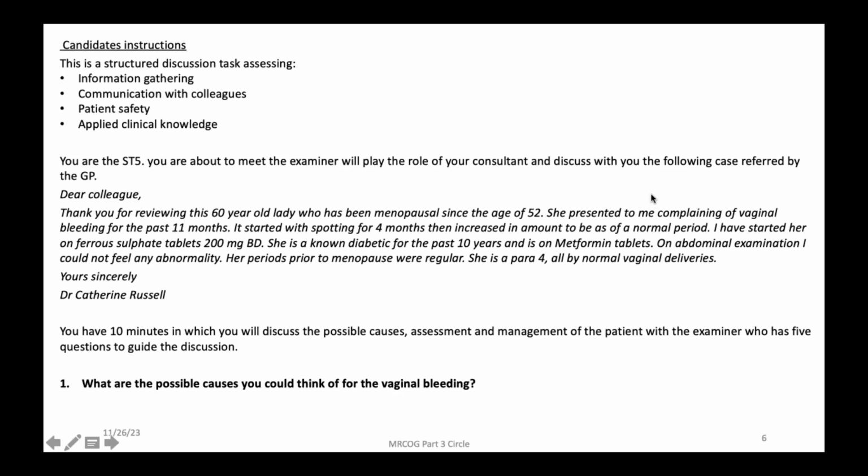Come on, all of you know postmenopausal bleeding. What are the reasons for postmenopausal bleeding? Anyone, you can click on the hand icon so I can unmute you.